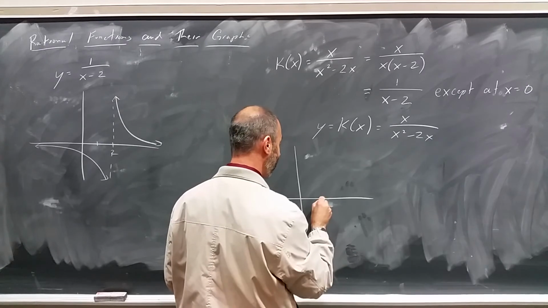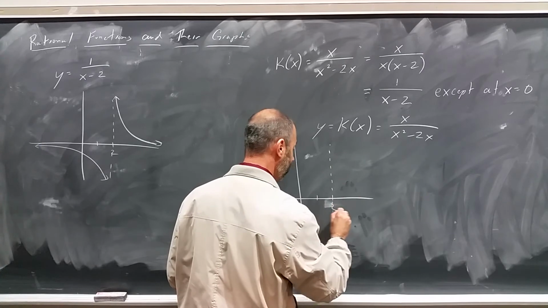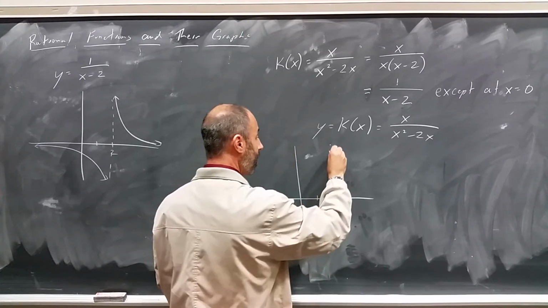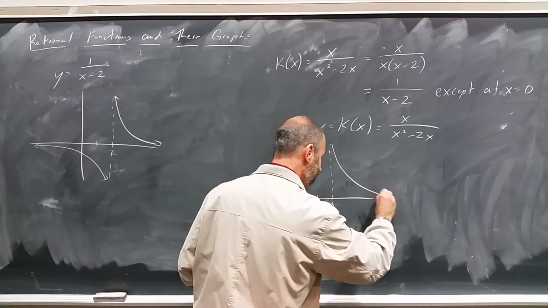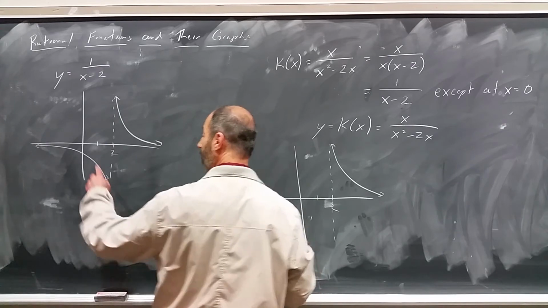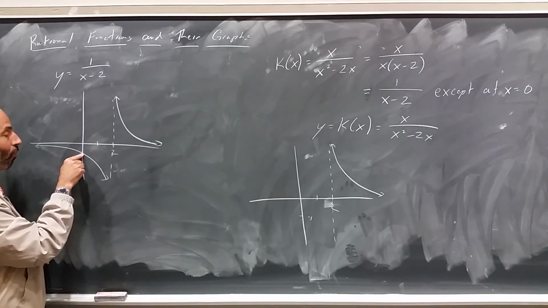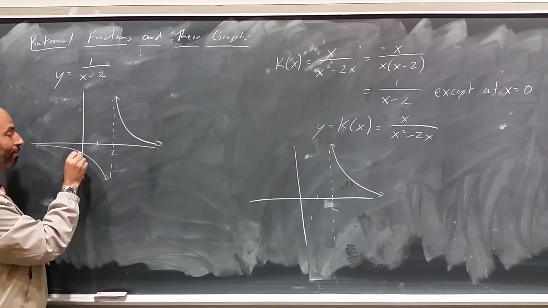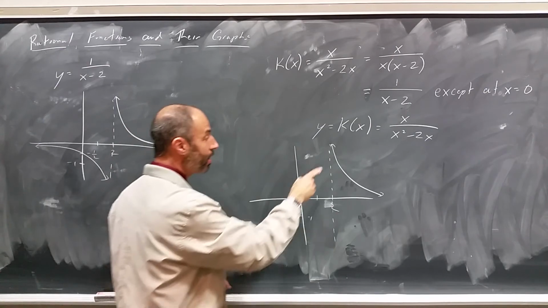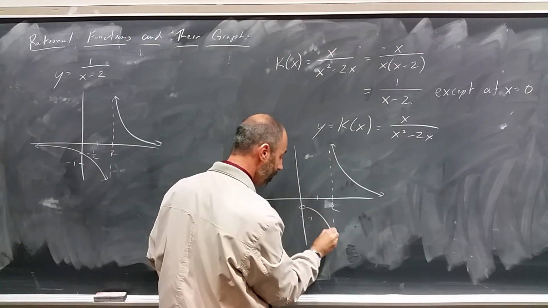This one also has a vertical asymptote at x equals 2. And as we said before, the only difference is what happens at x equals 0. At x equals 0, this crosses the y-axis at minus 1/2, whereas this graph actually has a hole in the curve at x equals 0.